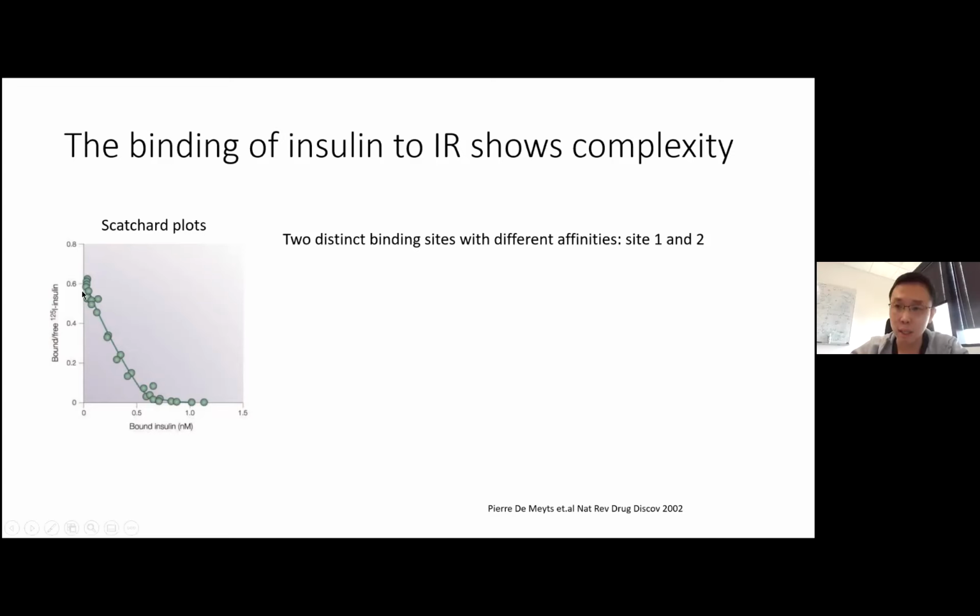They showed that when they use insulin in the binding experiment with the receptor, the binding curve is not a linear shape, it is a curvilinear shape. That indicates there must be multiple binding sites on the receptor that can bind insulin, and those binding sites may have different affinities, and may also involve cooperativity, right? That makes the binding of insulin to the receptor really complicated.